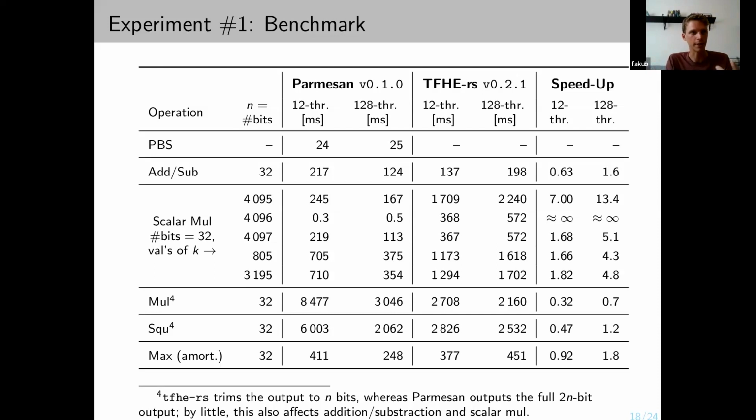Meaning, I took 4 values A, B, C, D. I calculated the maximum of A and B, then the maximum of C and D, and then the maximum of maximums. So I did these 3 operations, and the amortization is taken over these 3 evaluations of maximum with different levels, different depths. It shows that TFHE RS is actually faster in the first step, but slower in the second level of maximum.